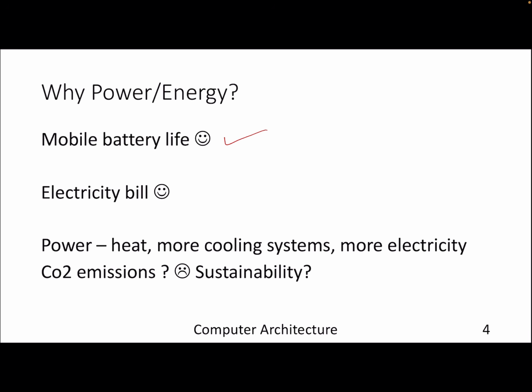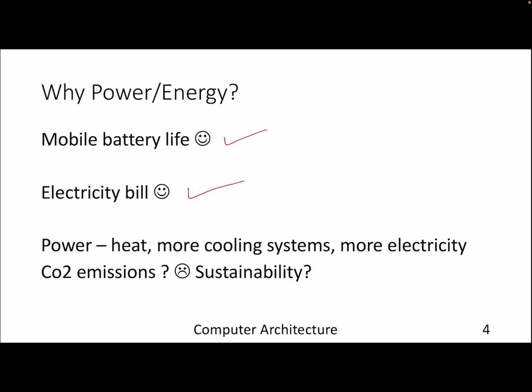If that is not sufficient, then you can think about the electricity bill, not for the various things that we are using at our house, but the electricity bill in huge data centers where millions of processors are running day in and day out to take care of our requests. Take the example of a Google data center maybe.